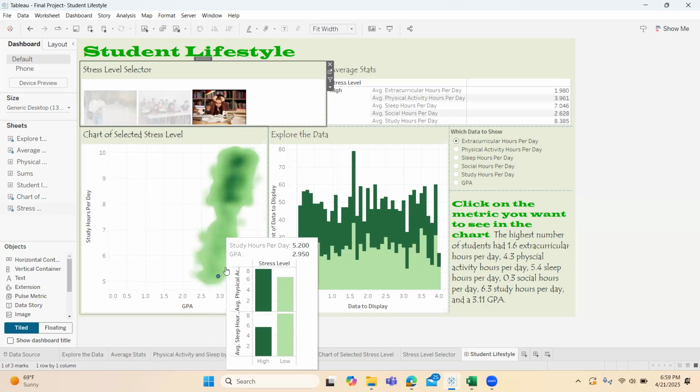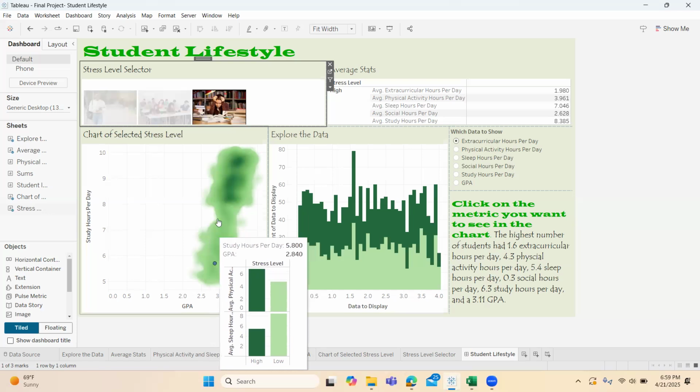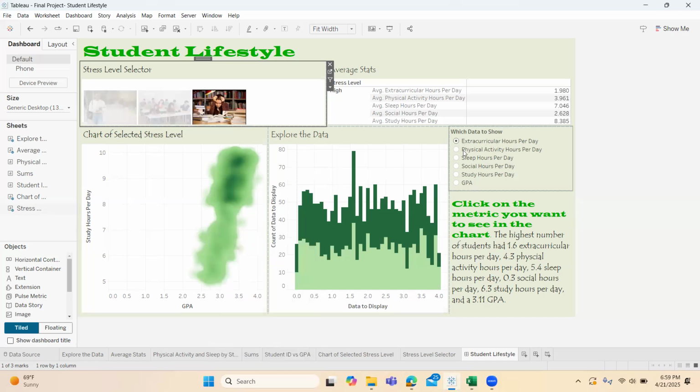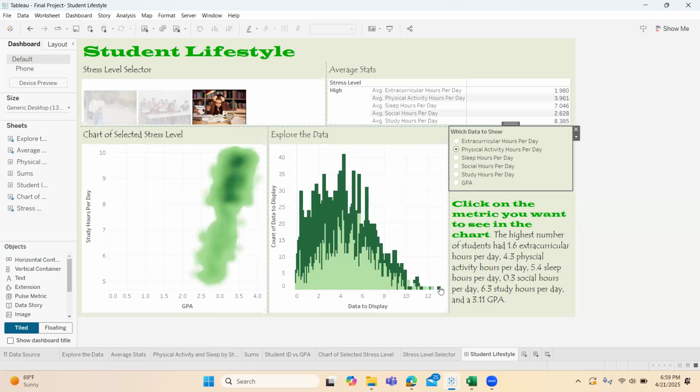It's interesting the way different students might interpret activity, because if we look at activity, which we'll get to in this graph in a second, I think the highest physical activity was 13 hours per day. So this graph changes as well with this, and it explores every point of data we have.